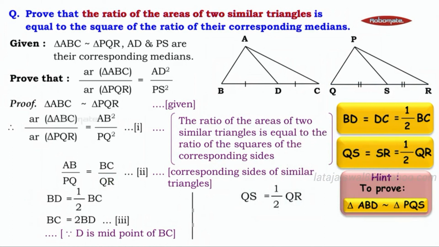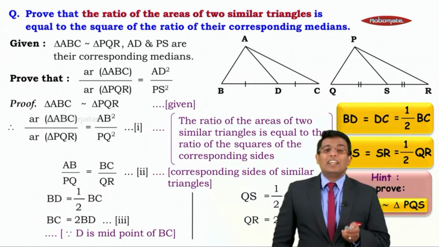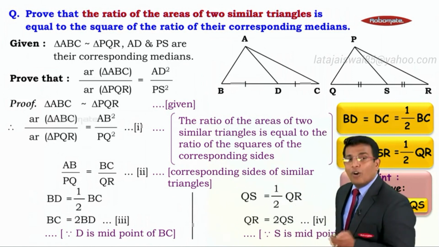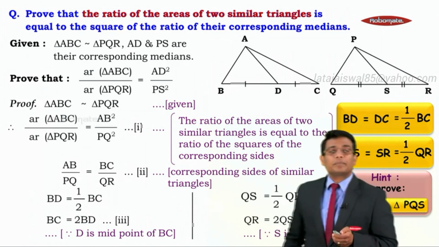Now if QS is half of QR, take that 2 there, so QR is equal to twice of QS. The reason is that S is the midpoint of side QR.